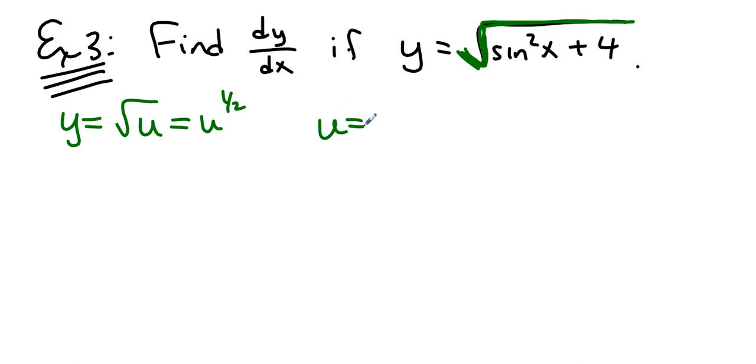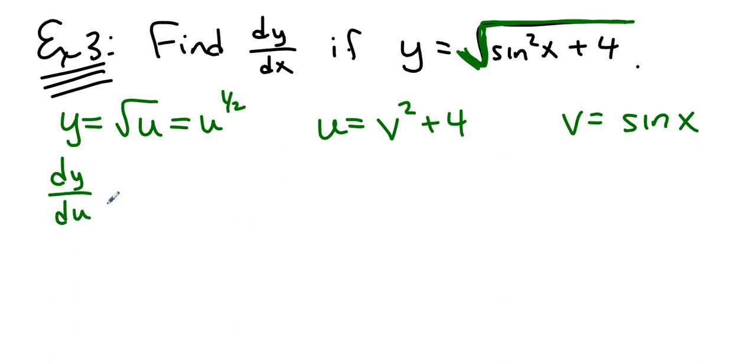And then what's the u? Well, u is something squared plus 4. What's the thing that gets squared? The innermost function is sine x. If we were substituting an x value in, we would figure out its sine first, then square that answer and add 4, and then take the square root.